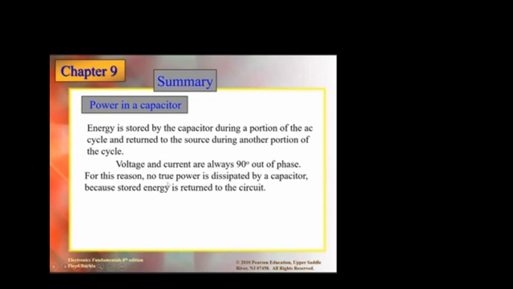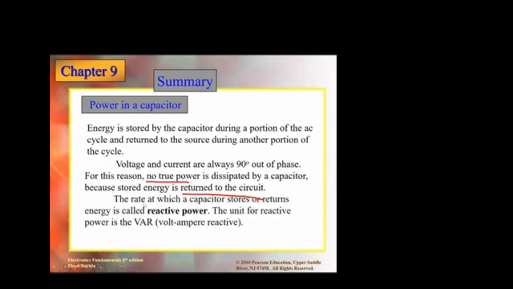For this reason, no true power is dissipated by a capacitor, because in half a cycle it is storing energy and in the other half it is returning the energy, so it's not consuming power. Stored energy is returned to the circuit. So that's why there is no true power.